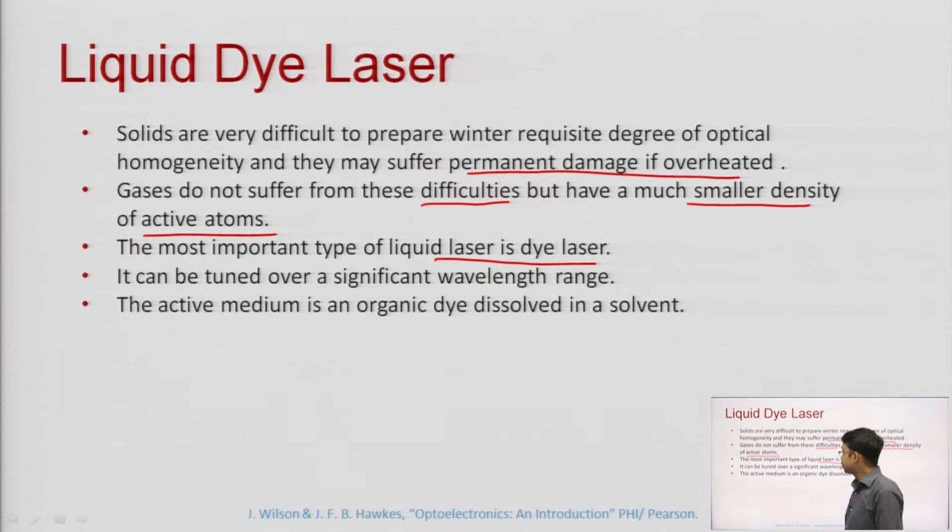So, we have to discuss liquid dye lasers. It can be tuned over a significant wavelength range, we can tune it for different wavelengths. What is the active medium? Active medium is organic dye that is dissolved in a particular solvent. There are various different solvents available.